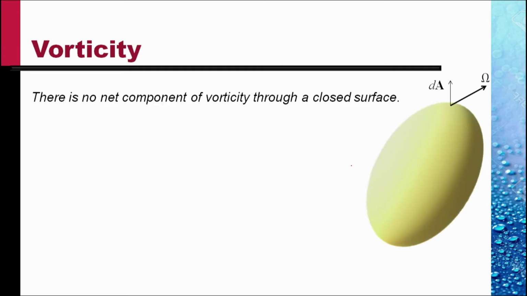Another important property of vorticity is that there is no net component of vorticity through a closed surface. That is, if capital omega is the vorticity vector at any point, then omega dot dA integrated over a closed surface, a surface enclosing a volume, is 0, if the flow is rotational.